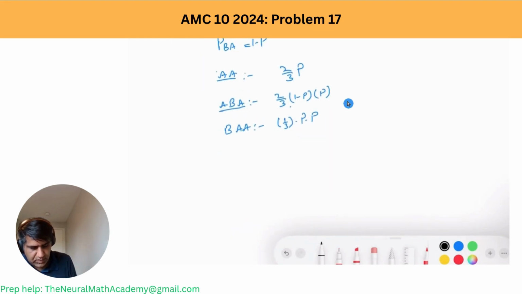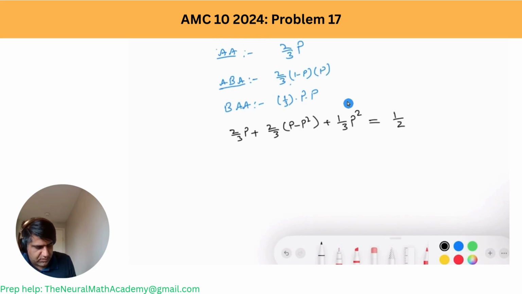So we can write 2 over 3 P plus 2 over 3 into P minus P square plus 1 over 3 P square is equal to 1 over 2.